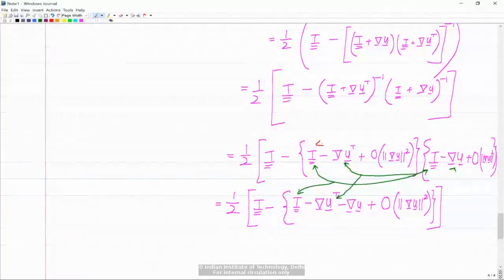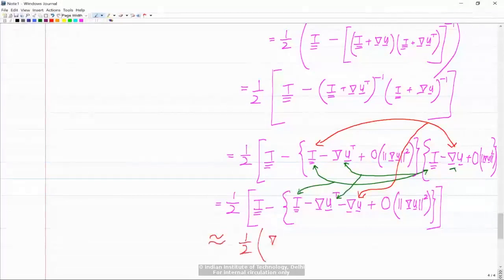Maybe from the top, this into this, that's here, and the rest are all inside this big O. And you further work it out, and then you can approximate it as half of grad u plus grad u transpose.